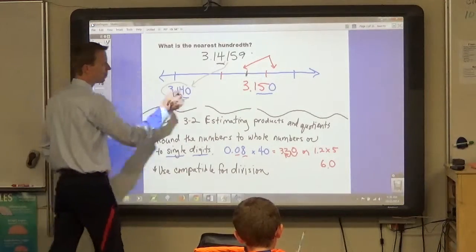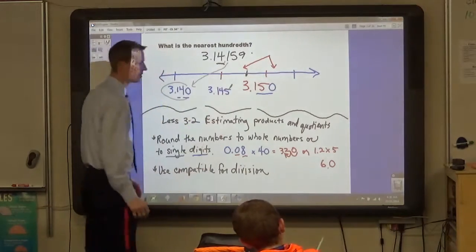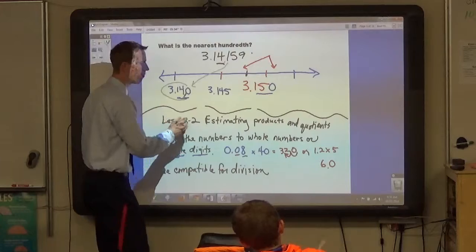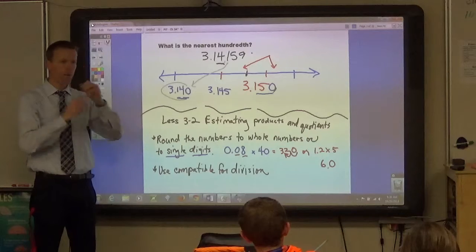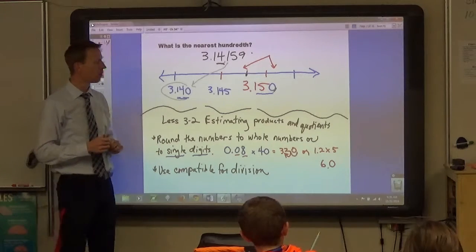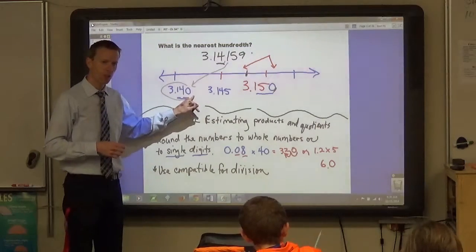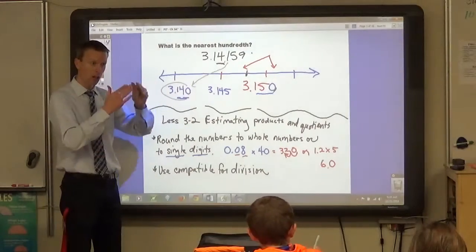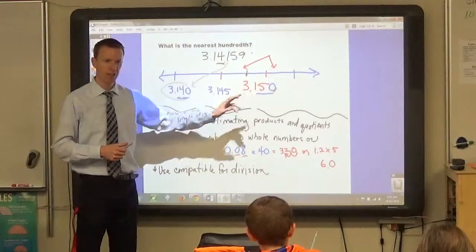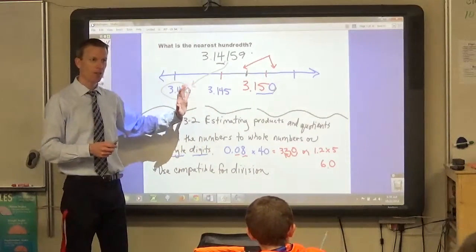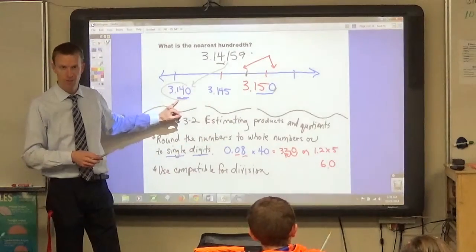So write that in your notes. 3 and 145 thousandths is directly between 140 and 150. So to find numbers between the increments, we can add a 0 to the end to make this a smaller place, and think of the numbers in terms of thousandths instead of hundredths.